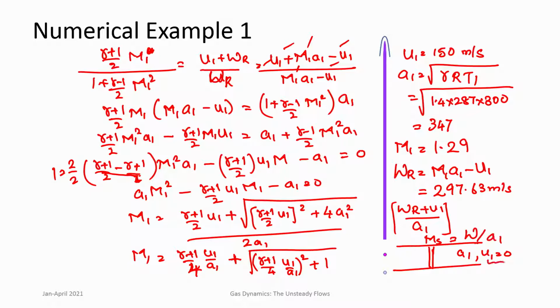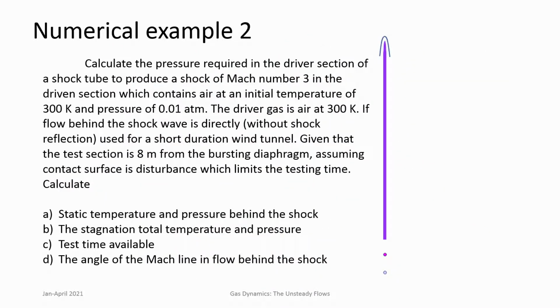But if you consider a reflected wave going into a region where there is already a certain velocity U1, then the Mach number for that particular wave is (WR plus U1) by A1. This has to be borne in mind. You have to be careful with this.